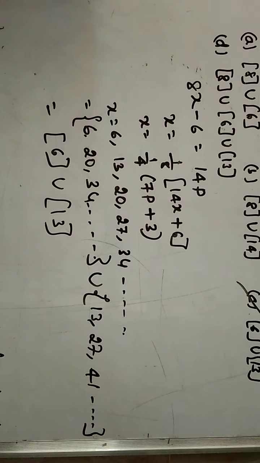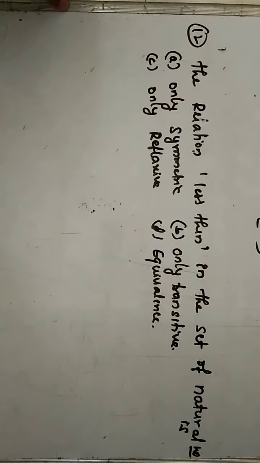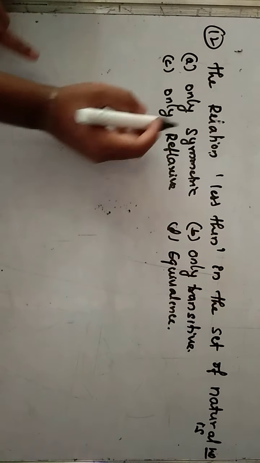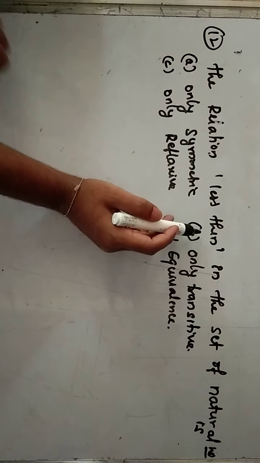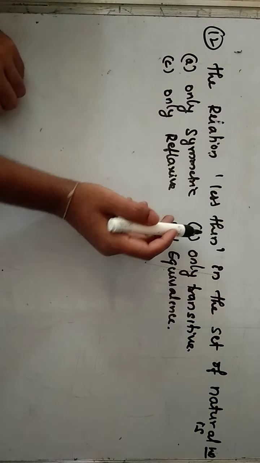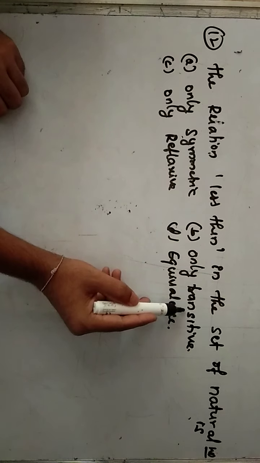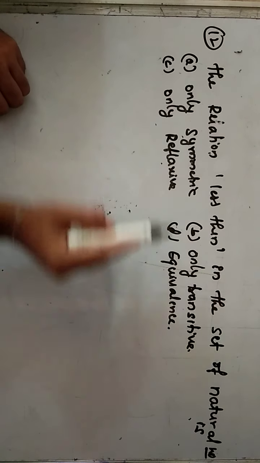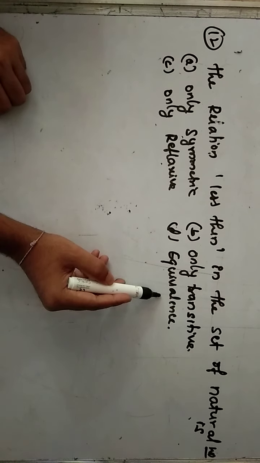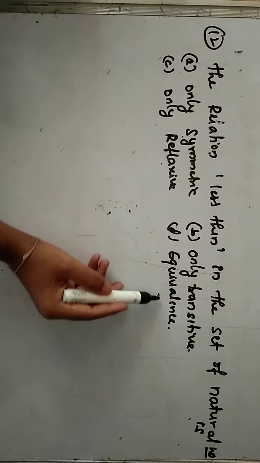Now let me move to the next one. The relation less than in the set of natural numbers is whether only symmetric, only transitive, only reflexive, or equivalence. Okay, now let me see.